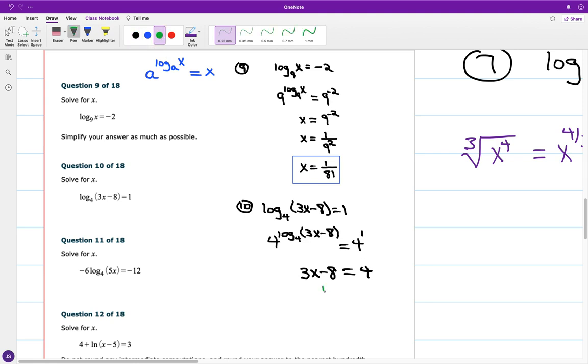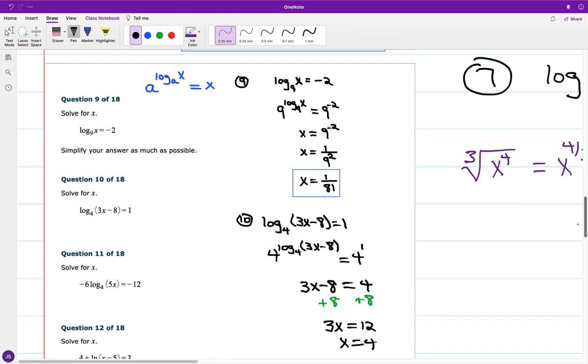And so we have a two-step linear equation, and if I add 8 to both sides, we're going to have 3x is equal to 12, and we'll have x equal to 4.